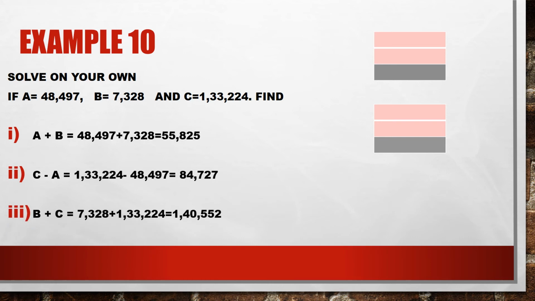So next we have B plus C. Value of B is 7,328. Add it with C, 1,33,224. What is your answer? 1,40,552 is your answer. Solution box is given. Write the values. Write 1,33,224 above and 7,328 below, so that it will be easy to add the numbers.